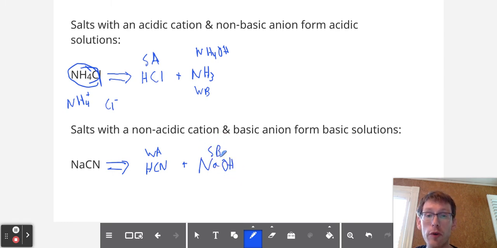The overall greater basicity than acidity results in NaCN forming solutions that are weakly basic, because that CN-, if you look up its Kb, has a noticeable Kb. Sodium ions are not going to be acidic by contrast, not to any noticeable degree.